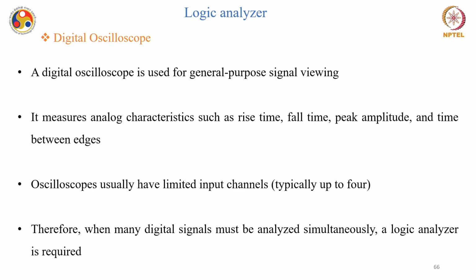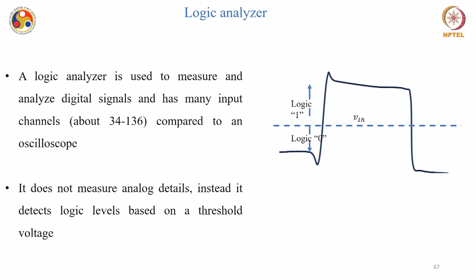It measures analog characteristics, for example, rise time, fall time, peak amplitude, and time between edges, and usually has limited input channels, typically a maximum of 4. Therefore, when many digital signals must be analyzed together or simultaneously, a logic analyzer will be required.